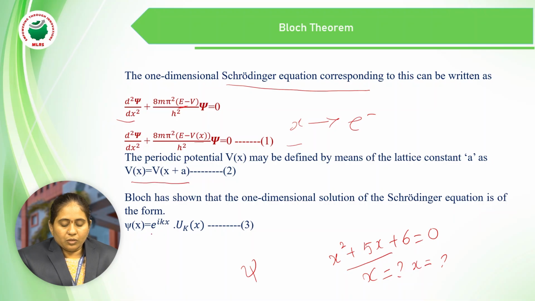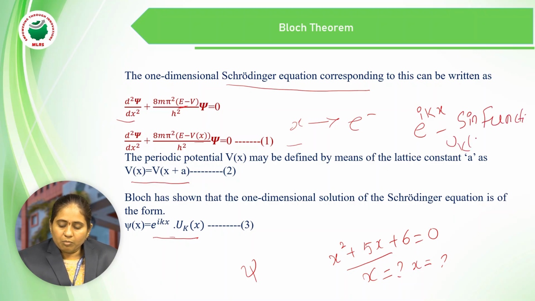Psi is assumed to be e power ikx into uk of x. So what is e power ikx? This is a sine wave function. And uk of x is the modulating function. In a particle in a one dimensional box, the wave function psi is only e power ikx.